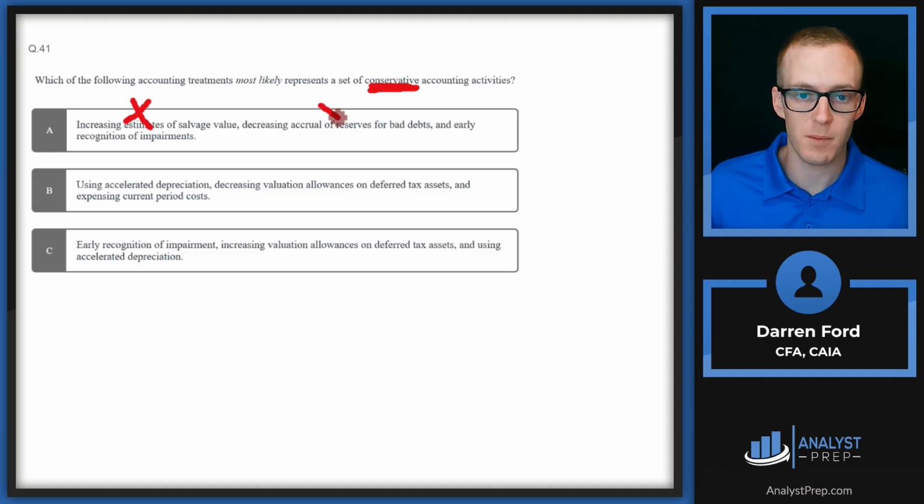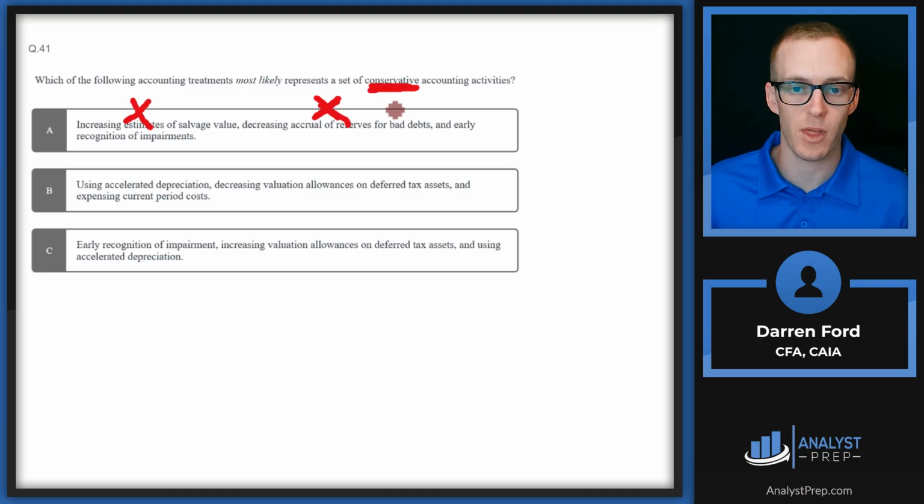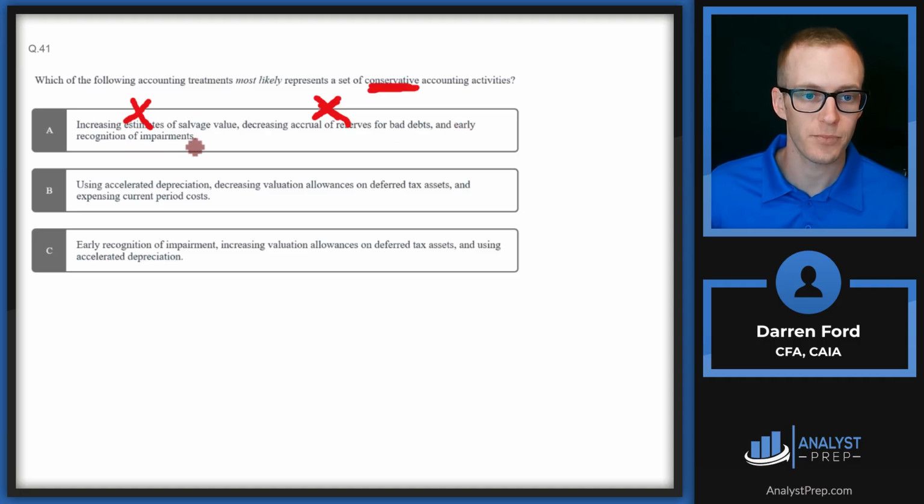This is also going to be more aggressive if we're holding less of this on the balance sheet for bad debts. If more bad debts go bad than we thought, then we're going to have to pull from elsewhere. And the third part, early recognition of impairments. That one would be more conservative, but we can rule out A for 2 out of the 3 being bad.